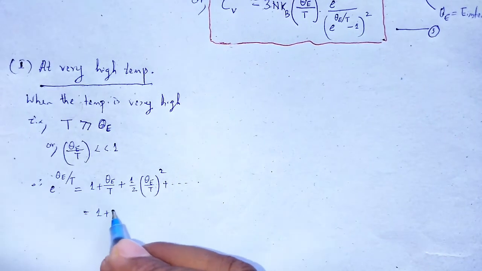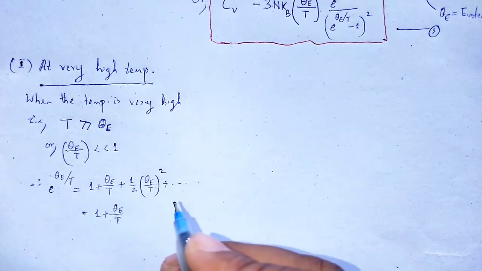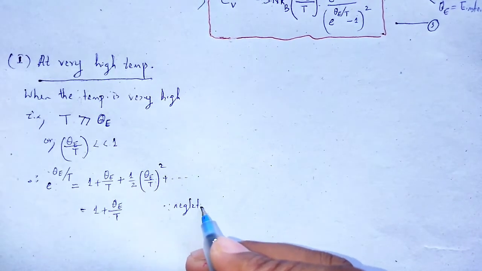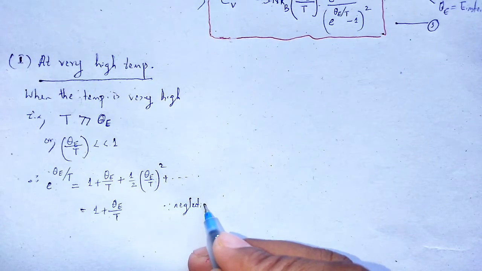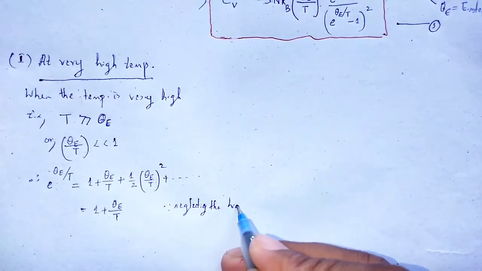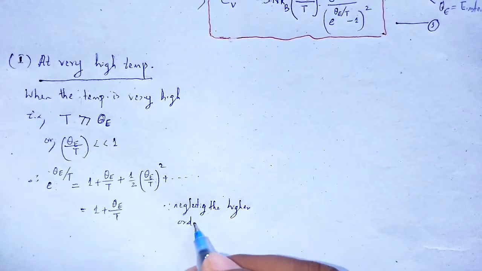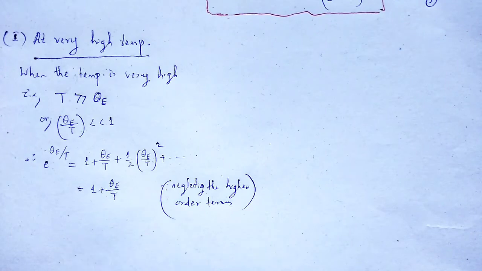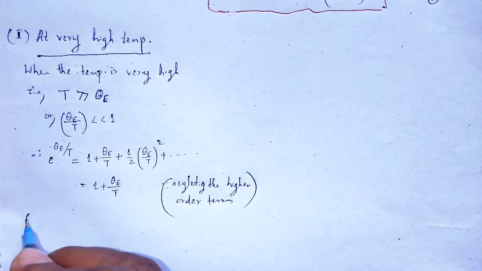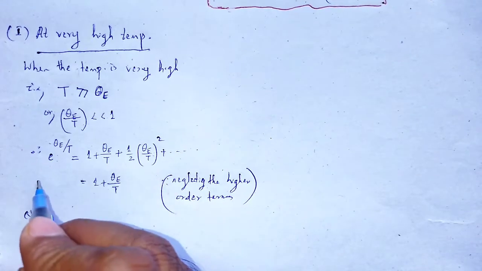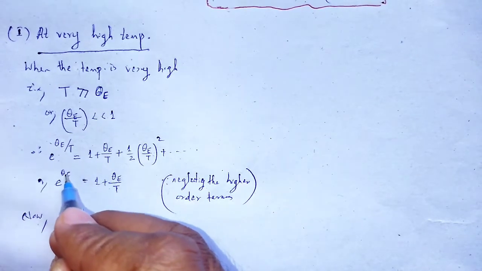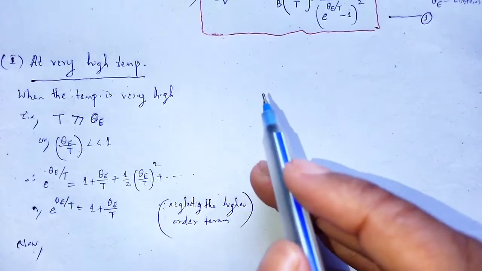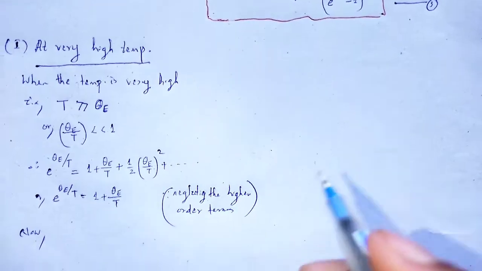That is equal to 1 plus theta E by T, neglecting the higher order terms. So here e to the power theta E by T is equal to 1 plus theta E by T. That substitution is used in equation number 3.